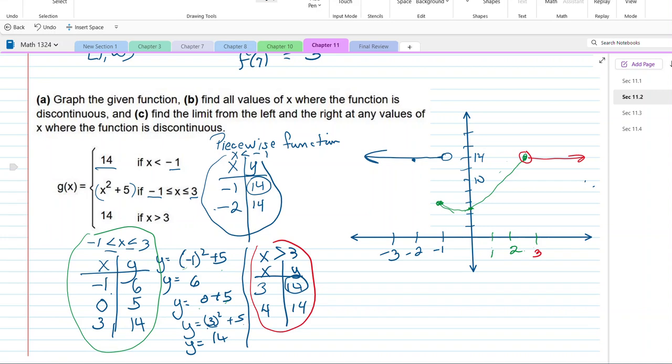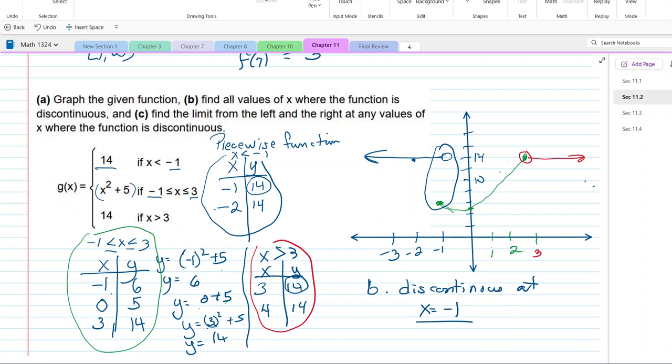Part B says, find all values of x where the function is discontinuous. Discontinuous would be this one. It's discontinuous.